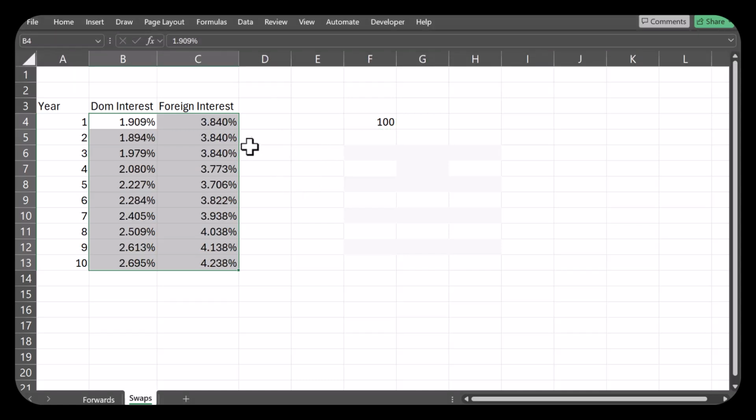The reason I'm doing this, I'm going to calculate the implied forward rates for each of those years. So let's put in the spot rate, whatever that is.